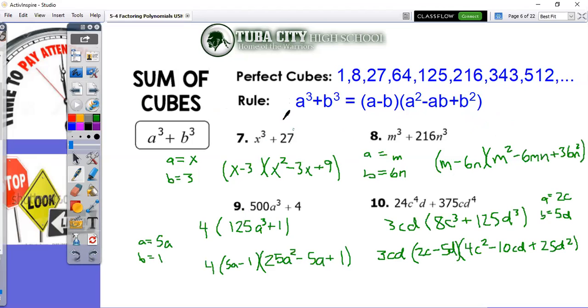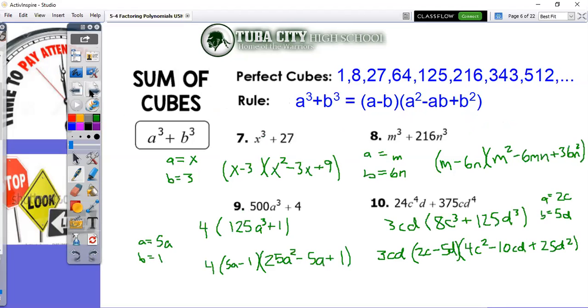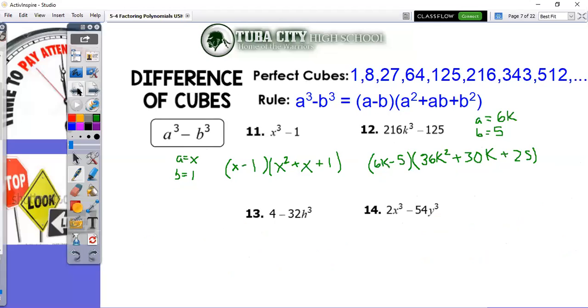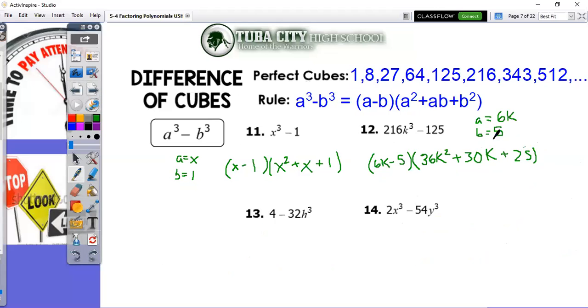So those signs do make a difference where they are placed. They look very similar if I switch back and forth. You may not even notice that there's been a change. So be careful with those. And then 5 squared is 25. And that's it. We're done with this one.